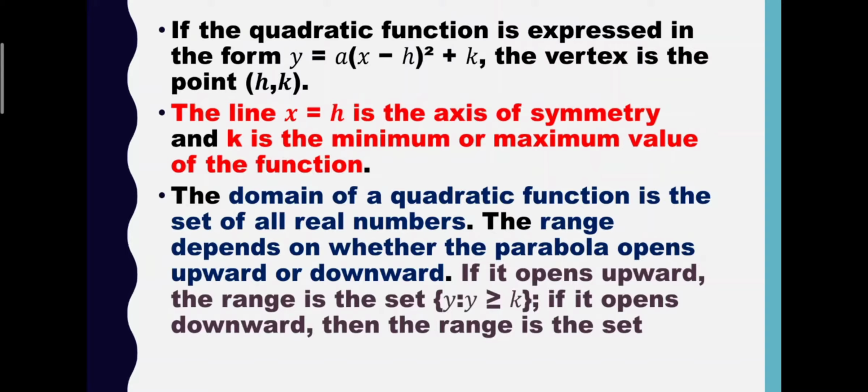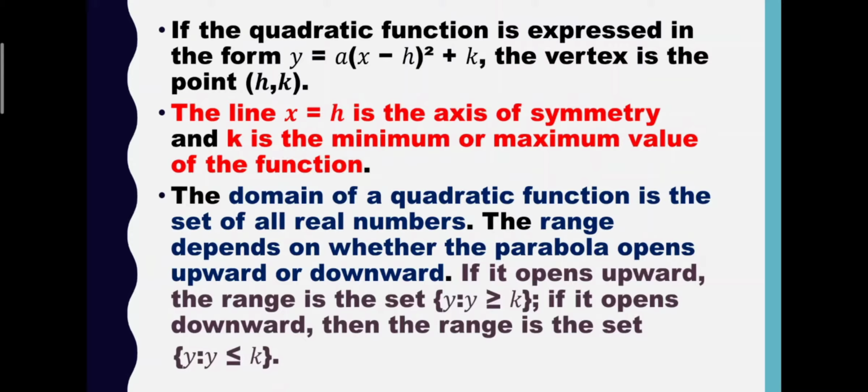So, if the parabola opens upward, it means the range is y is greater than or equal to k. If it opens downward, then the range is the set y is less than or equal to k.